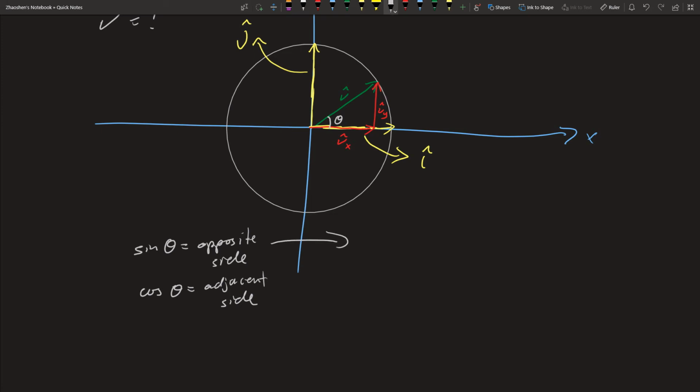This means that sine theta is equal to the magnitude of v hat y, which is just vy, and cosine theta is the magnitude of v hat x, which is just vx.